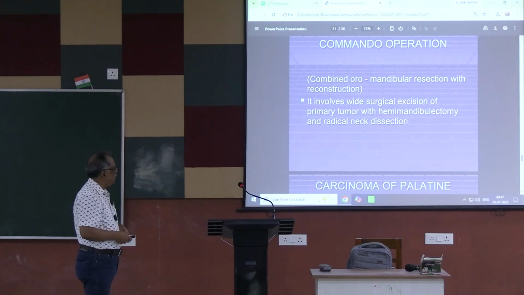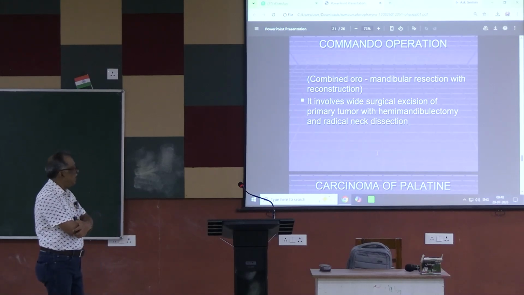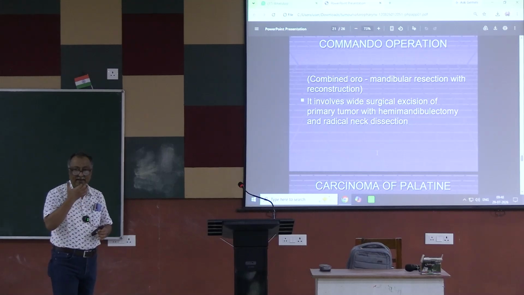What is the Commando Operation? It's the combined oromandibular resection and reconstruction. That means the incision is given over the chin, round the oral cavity, and this flap is out.